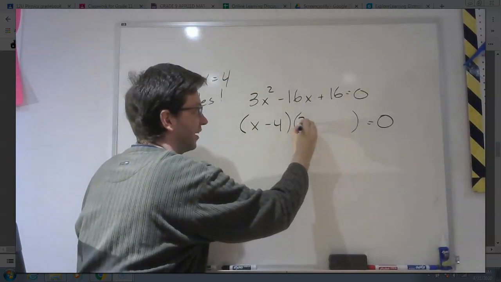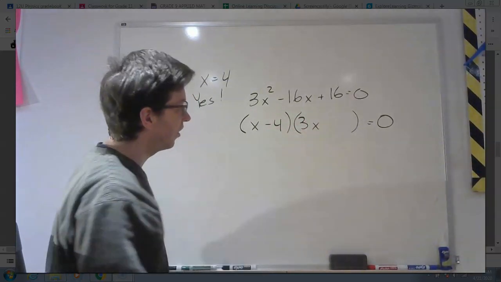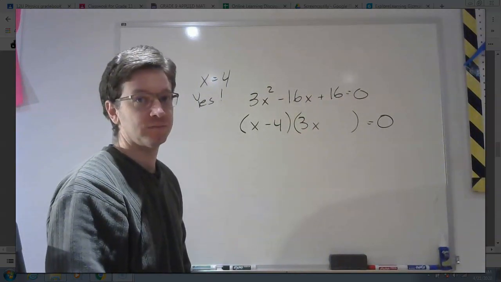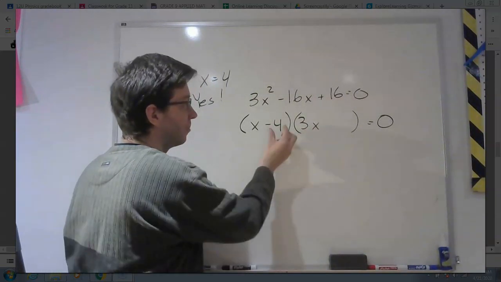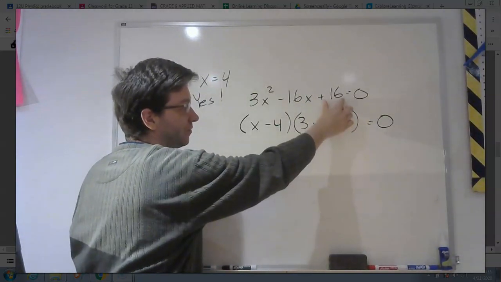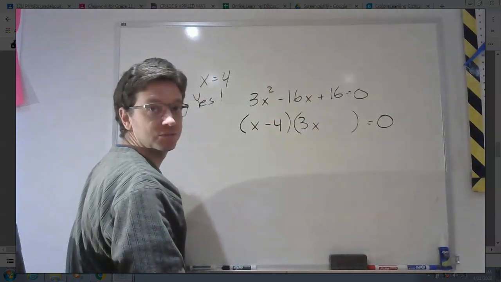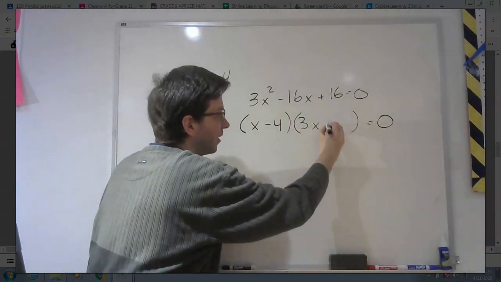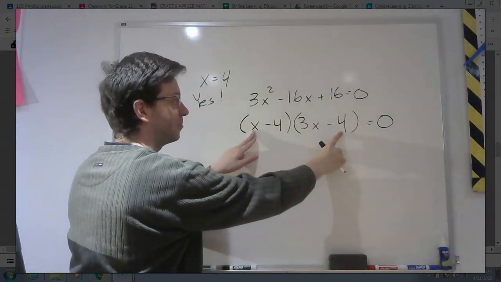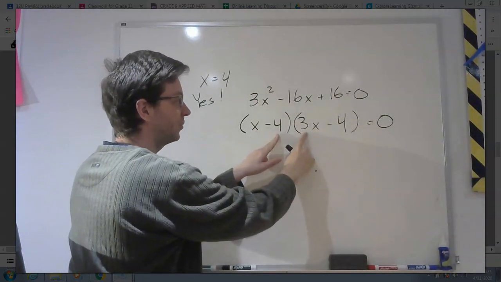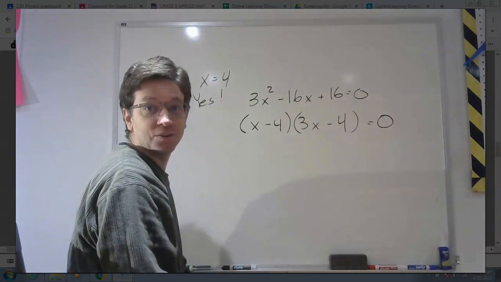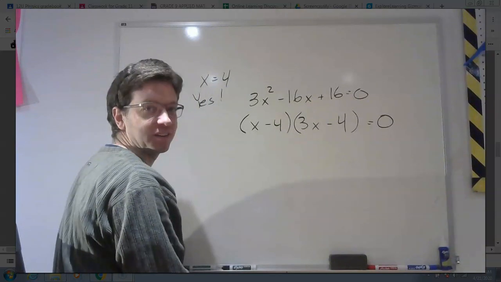Well, there's only one answer there, 3x. So all you need to find is that value. Minus 4 times what gives you positive 16? Well, there'd be another minus 4. All right, let's check this. This gives us minus 4x and minus 12x, and those add to minus 16x. It's probably the easier way to do it other than the quadratic formula.